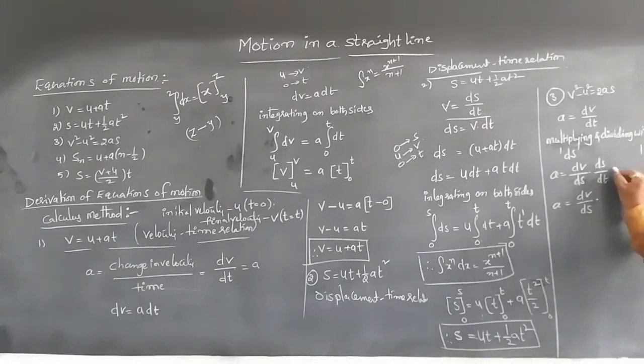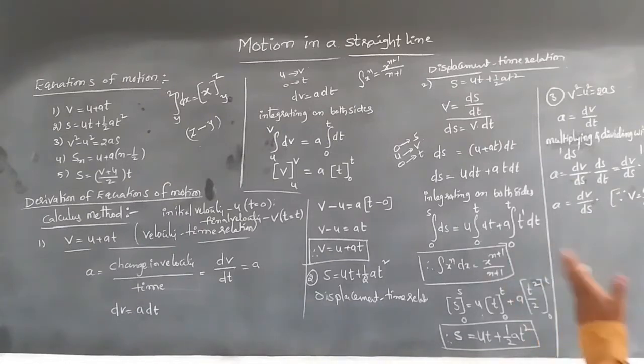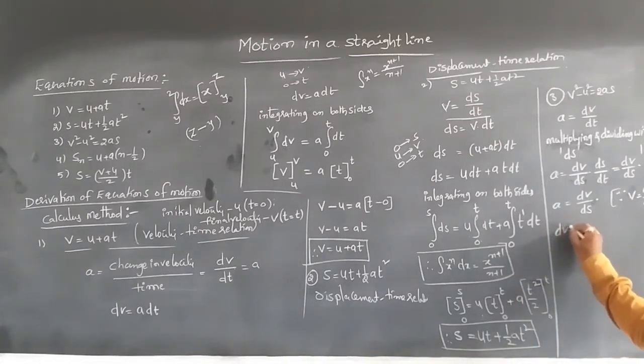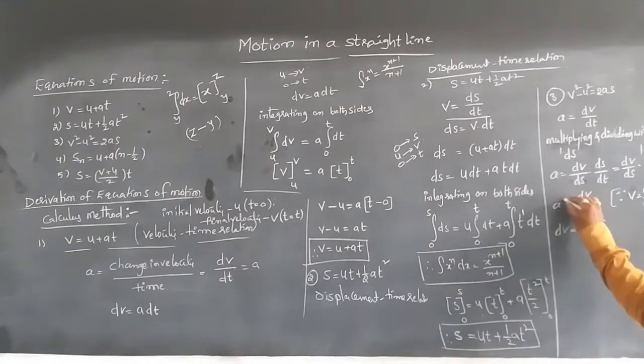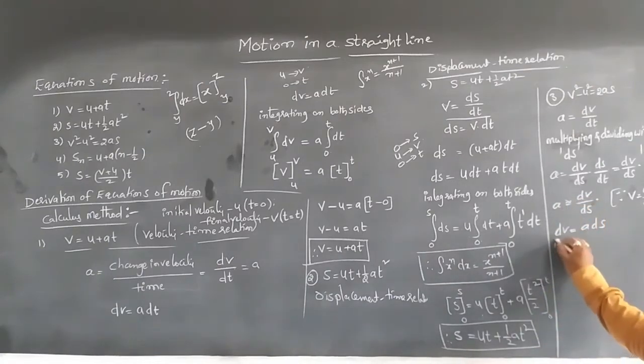So we write a is equal to dv by ds into v, since v is equal to ds by dt. Then a ds is equal to v dv, and we integrate on both sides.